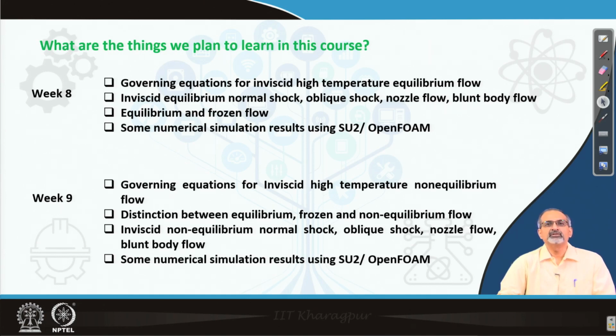So, when you try to simulate the flow equations for different configurations, either it is for external flow past a body like a blunt body, or a normal shock or near normal shock which is formed near the leading edge of the blunt body, an oblique shock which is formed around a wedge, or it may be formed inside the intake of an engine, a nozzle flow which is essentially an internal flow.